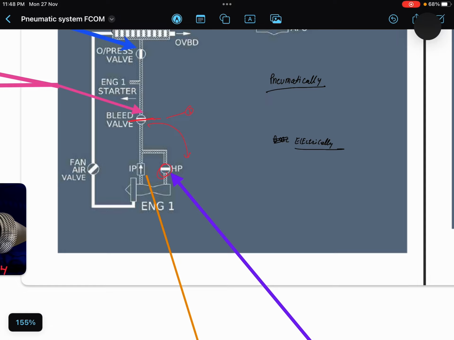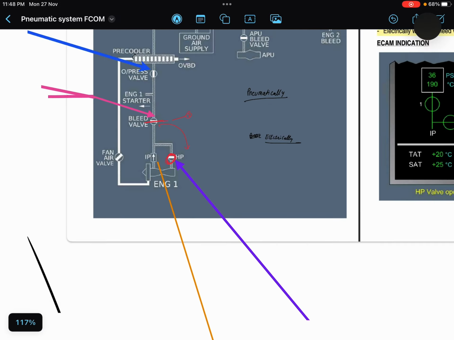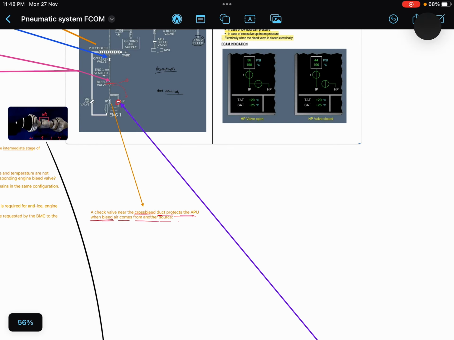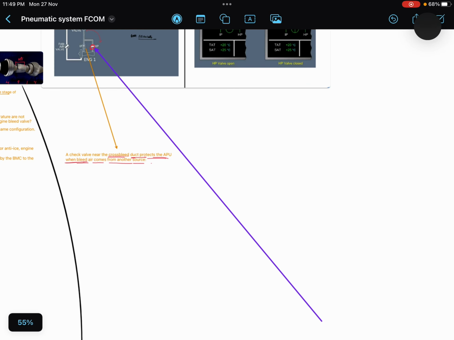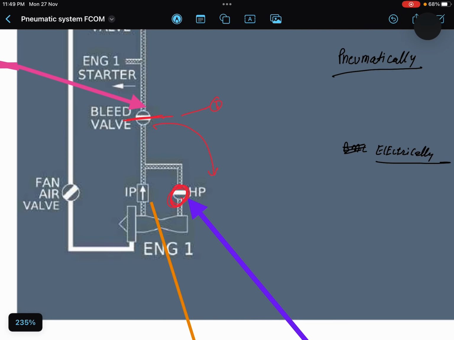Right, so now comes the last, HP valve closure conditions. So guys, there are also pneumatic closure and electric closure. Both pneumatic and electric closures are almost similar to the bleed valve. Electric closure is the same as the bleed valve closure conditions.